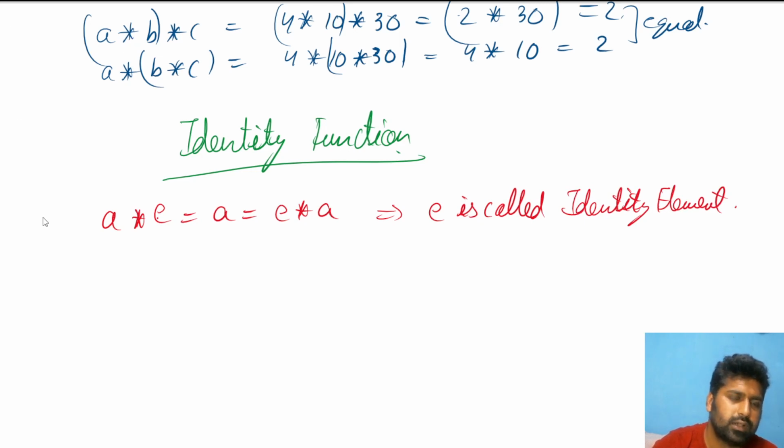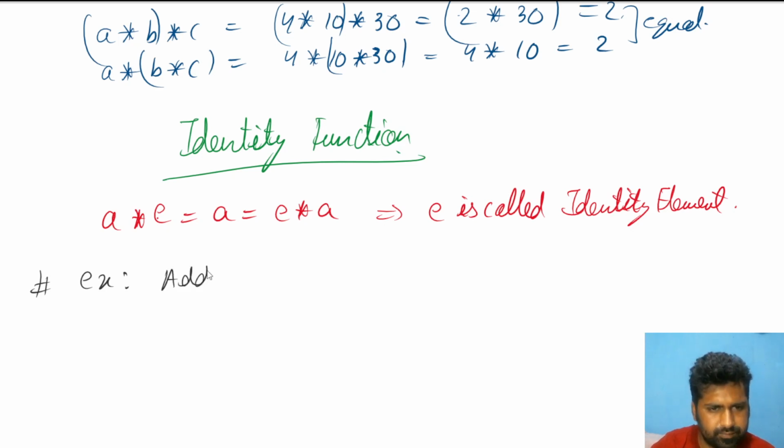Okay, now I'm going to give you some illustrations, basic ones, very simple ones. Like for addition, try to think for addition. What should E be? Okay, I'll create sort of a table so it will be better.